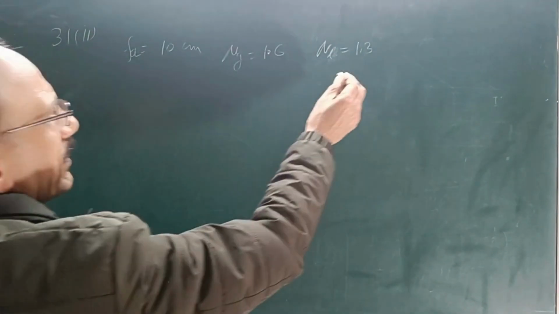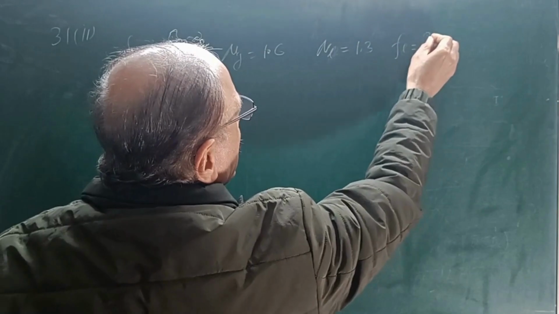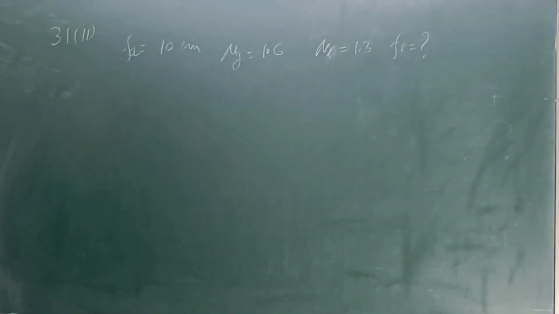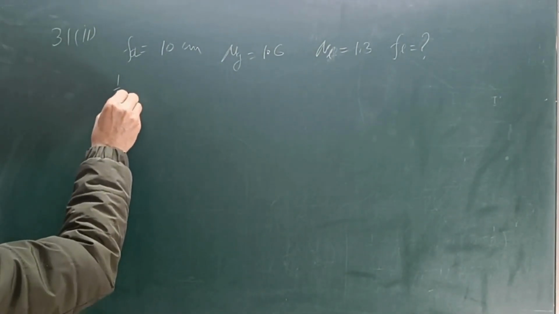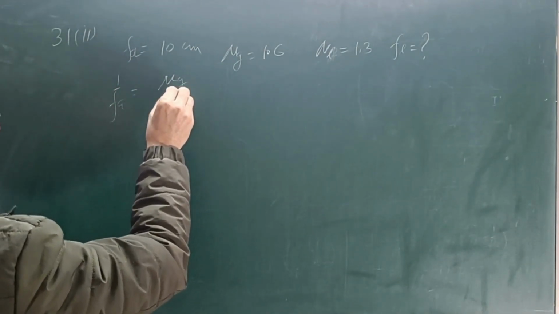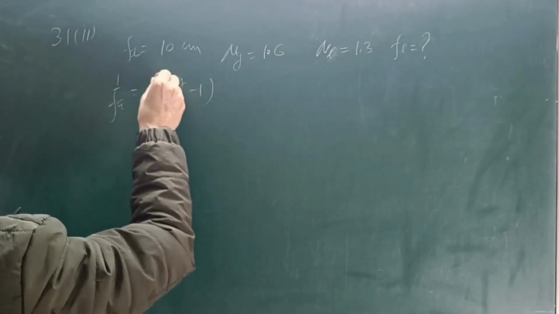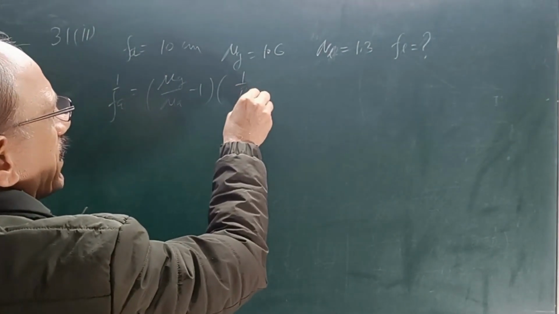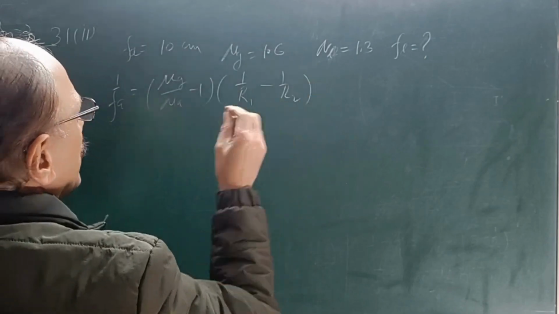So we have to find F liquid. That is the question. So according to the lens maker's formula, 1 by F air equals mu G upon mu air minus 1 into 1 by R1 minus 1 by R2.